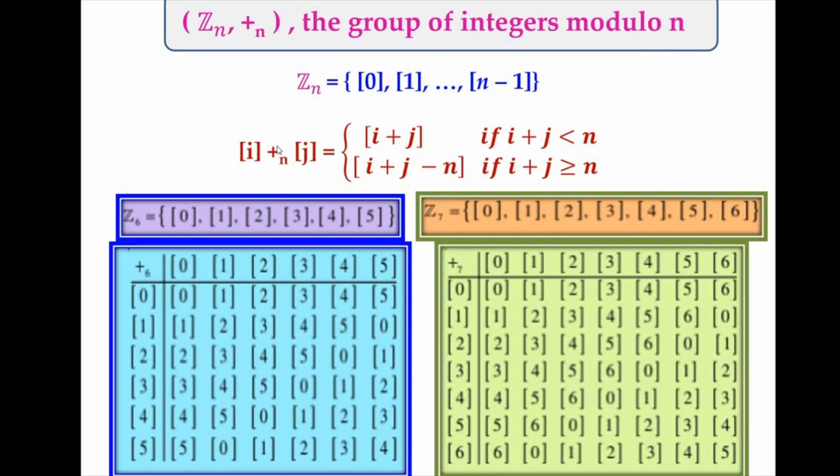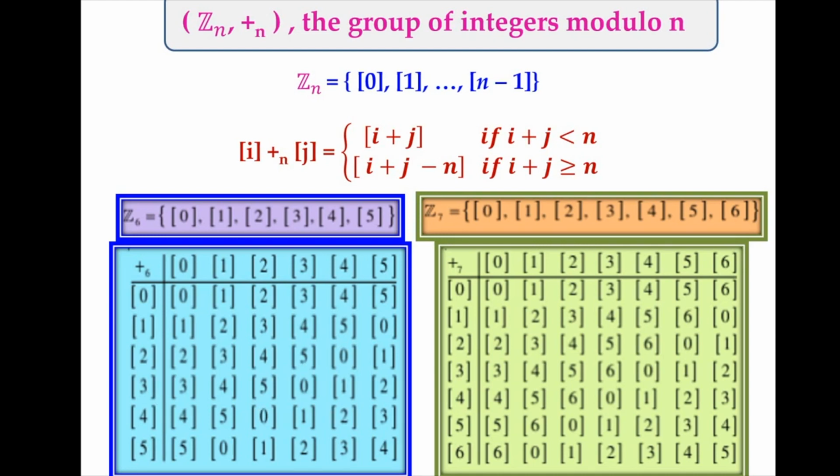Whenever we consider the sum, addition modulo n, it is the equivalence class i plus j if i plus j is less than n. Otherwise we have to subtract n from the sum. And using this, we can have the addition modulo 6 as the operation on Z6, and this is how the table will look like.